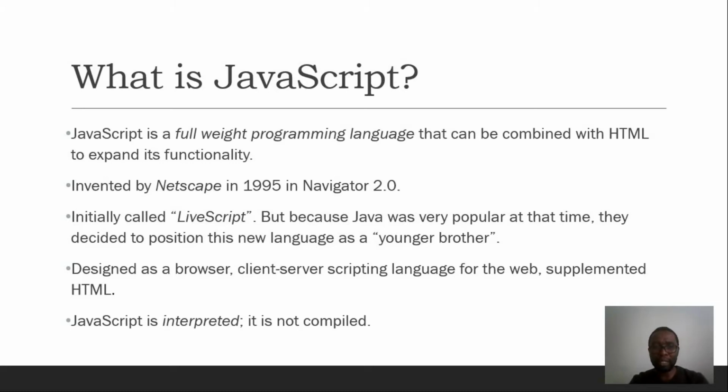So what we are seeing here is that it is a language that supplements the hypertext markup language and expands its functionality, making it more robust, more powerful, and more usable. And it is efficient to use because it is interpreted.